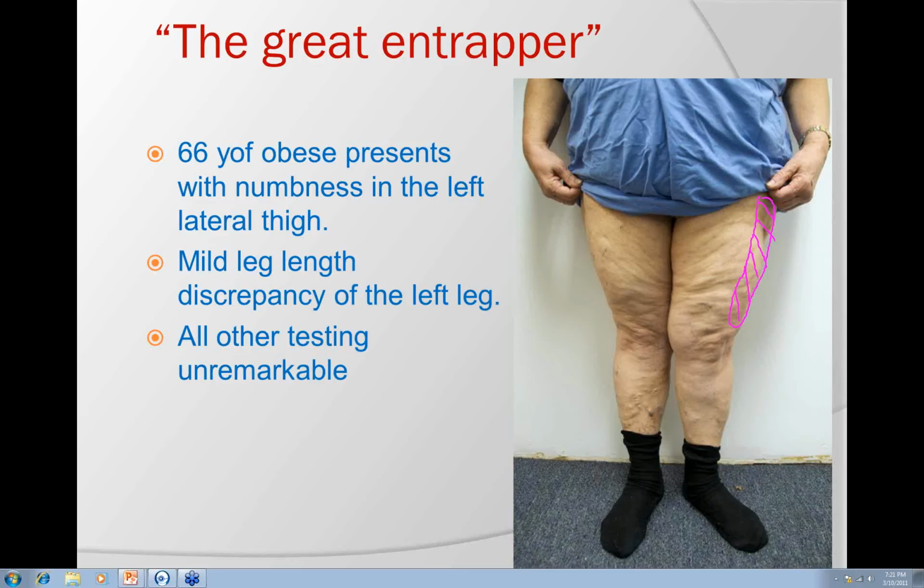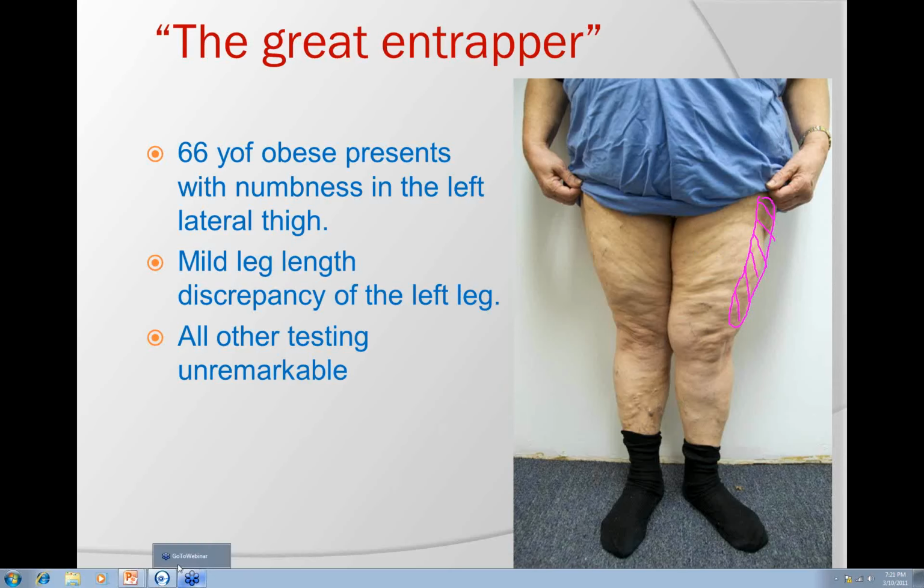So the question is, what is the condition that can cause egg-shaped numbness on the lateral thigh? Anybody have a guess? Yes, some of you are saying it is meralgia paresthetica, and that is correct.